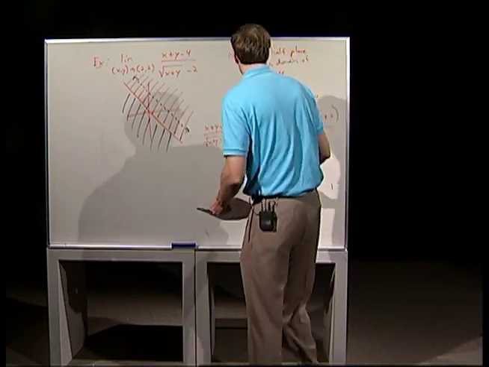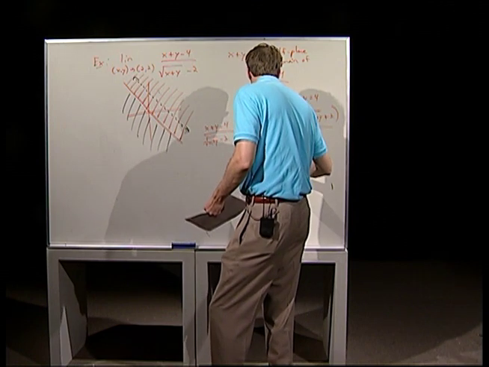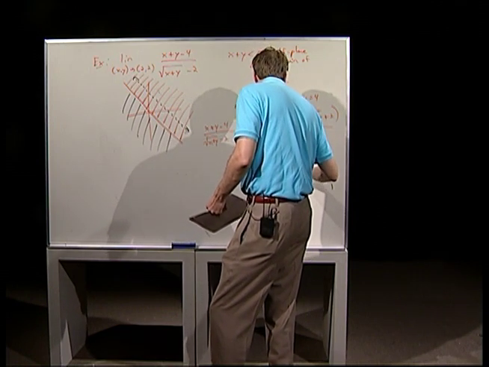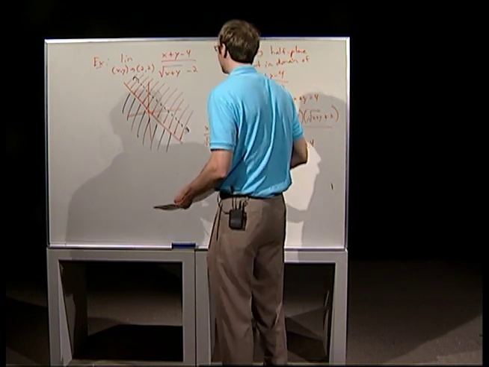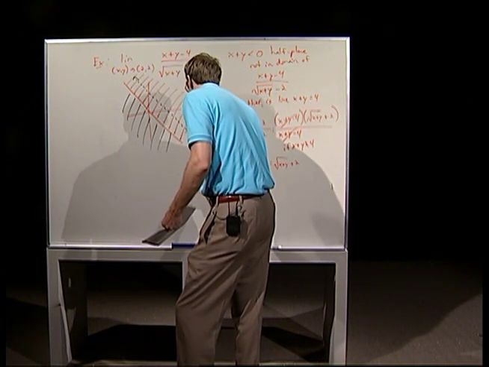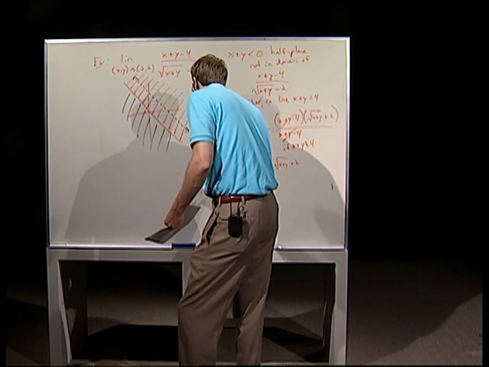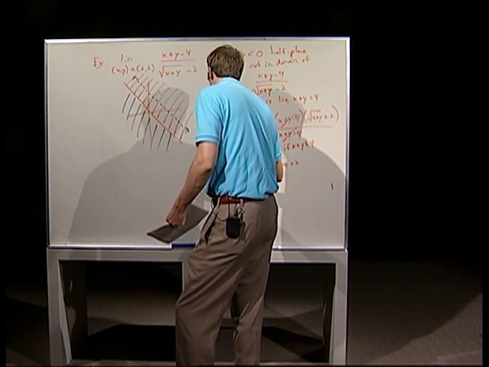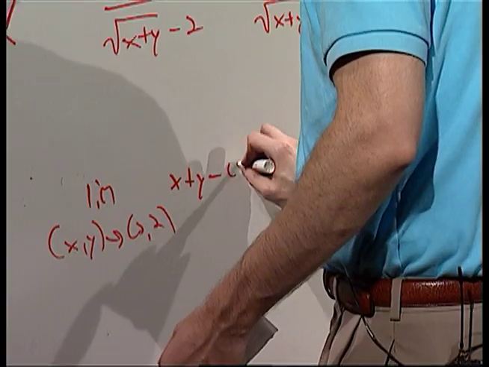So this is equal to the square root of x plus y plus 2. Therefore, again, you use this notion that at the point 2, 2 it doesn't matter what happens there. What matters is what happens around it.